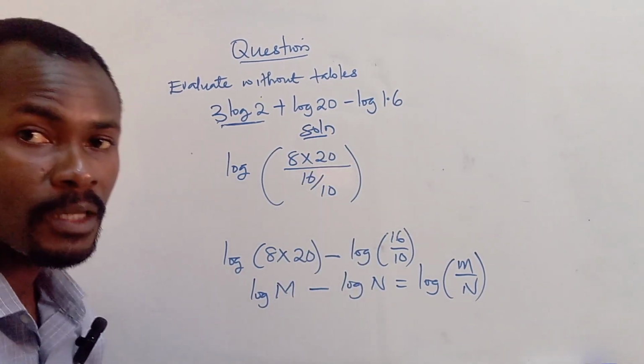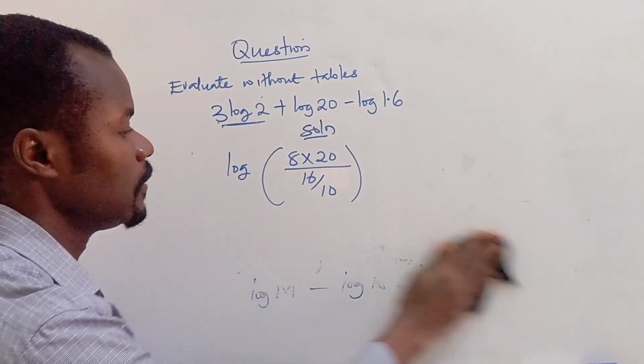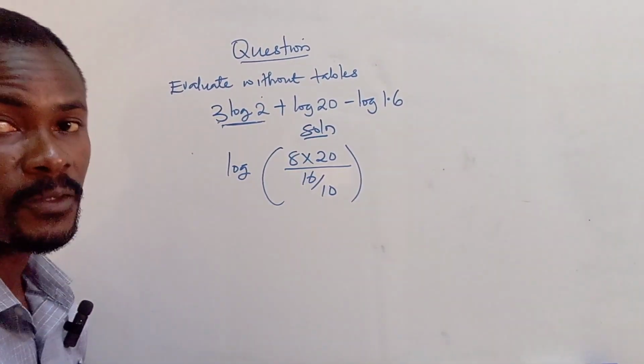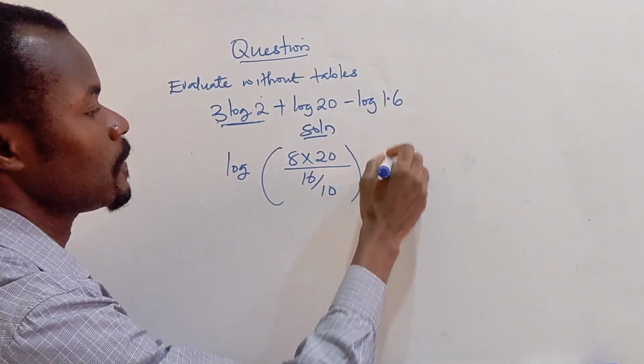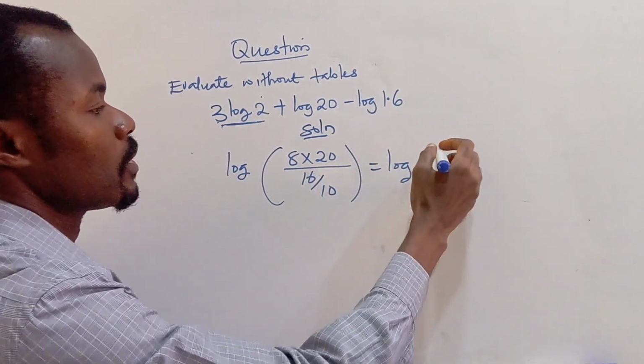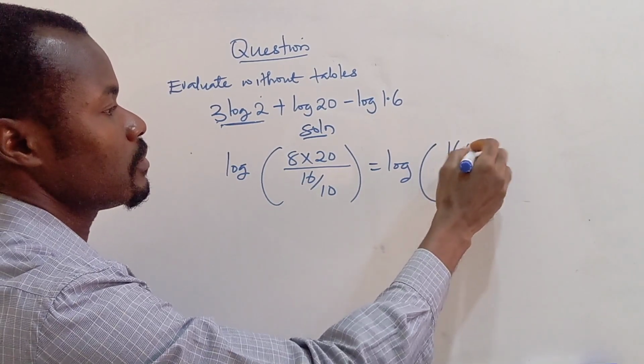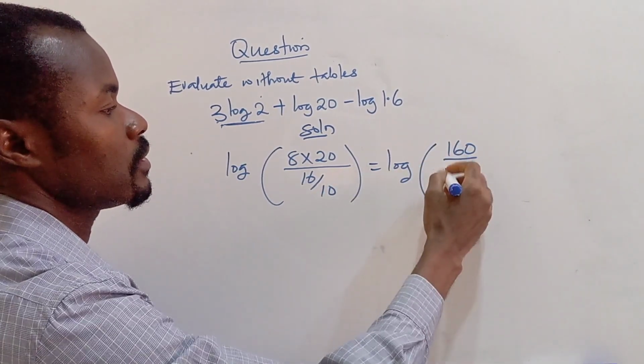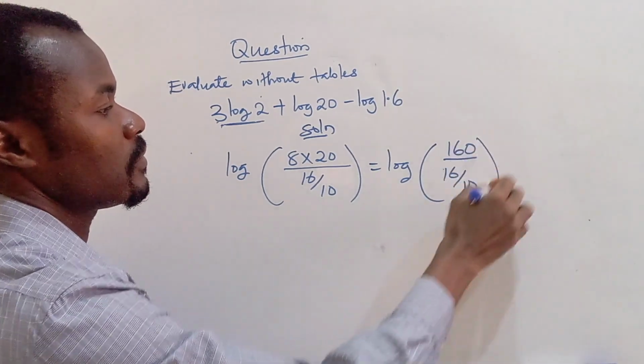8 times 20 is going to give us 160 divided by 16 divided by 10.